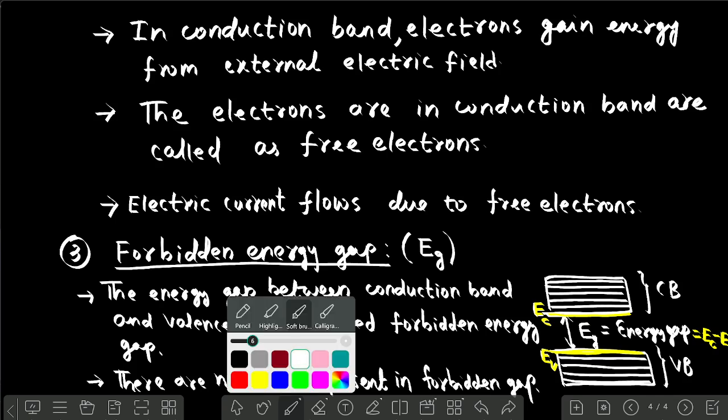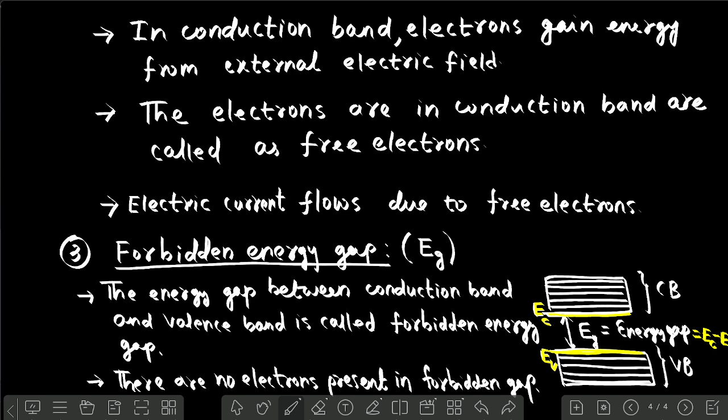So let's write about width. How does the width of the forbidden energy gap depend? Write down, all of you.